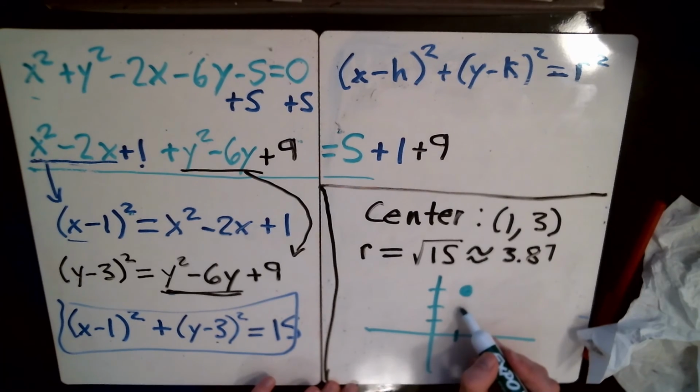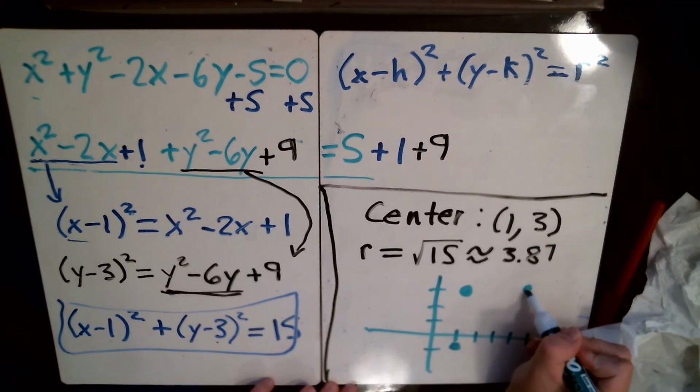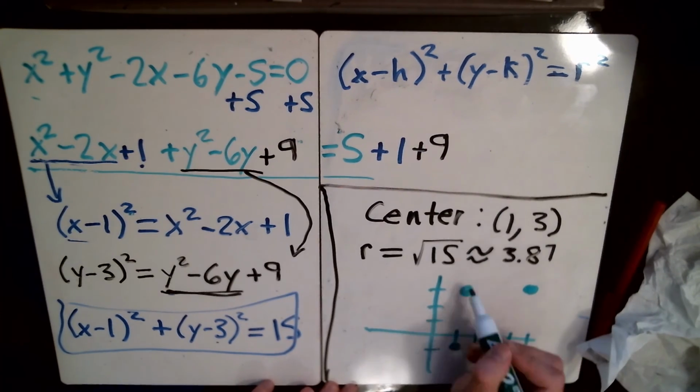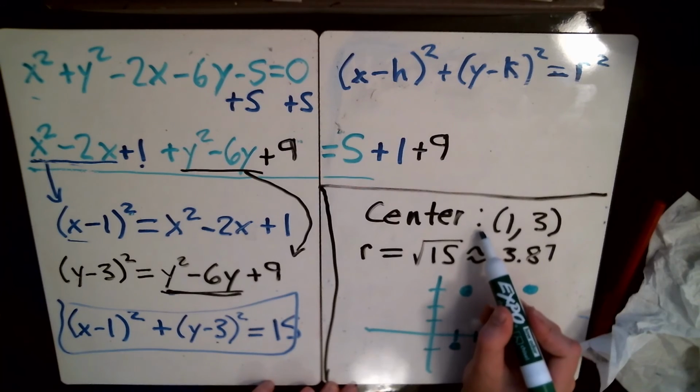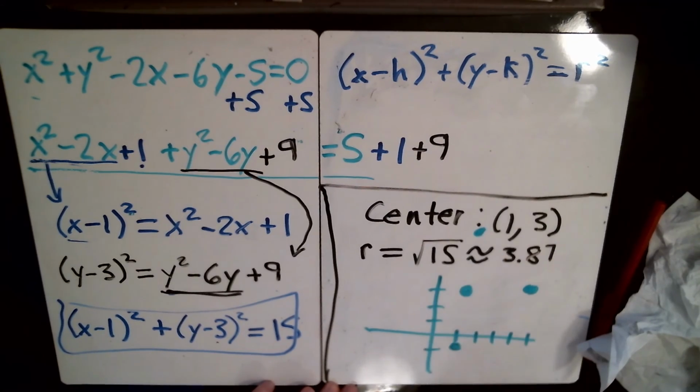So we go 1, 2, 3, 4 out, and then just a little less than that in all directions, right? So 1, 2, 3, 4, a little less than 4 out that way, and then so on. So this is going to go off the graph. It's going to be somewhere up there.